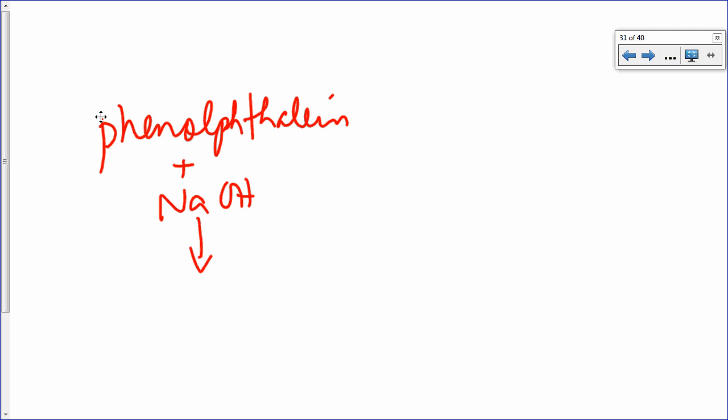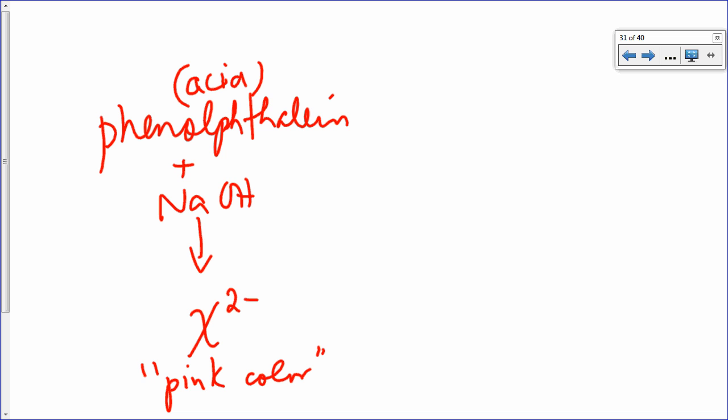Phenolphthalein is an acid, and it will give you a negatively charged ion, an ion with a -2 charge, and this ion is going to be responsible for the pink color of your phenolphthalein in solution, and this is going to fade.